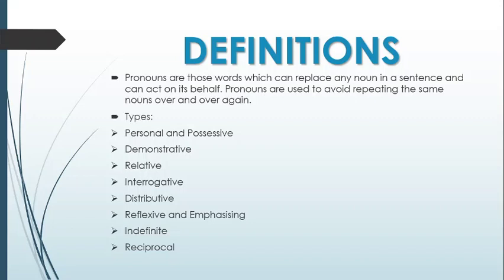Its types include personal and possessive, demonstrative, relative, interrogative, distributive, reflexive and emphasizing pronouns, and then there are indefinite pronouns and reciprocal pronouns. Today we will limit our discussion to only the personal pronouns.